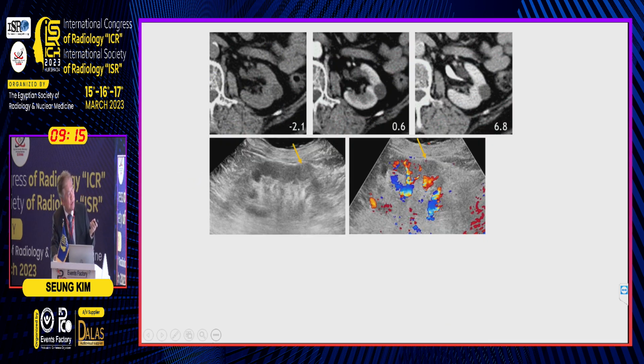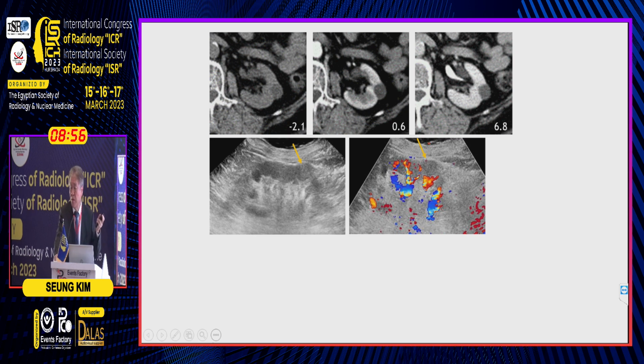How about this mass? This is the Hounsfield unit. The enhancement is not definite. And here is the mass. At ultrasound, the mass does not have a typical appearance of a simple cyst.